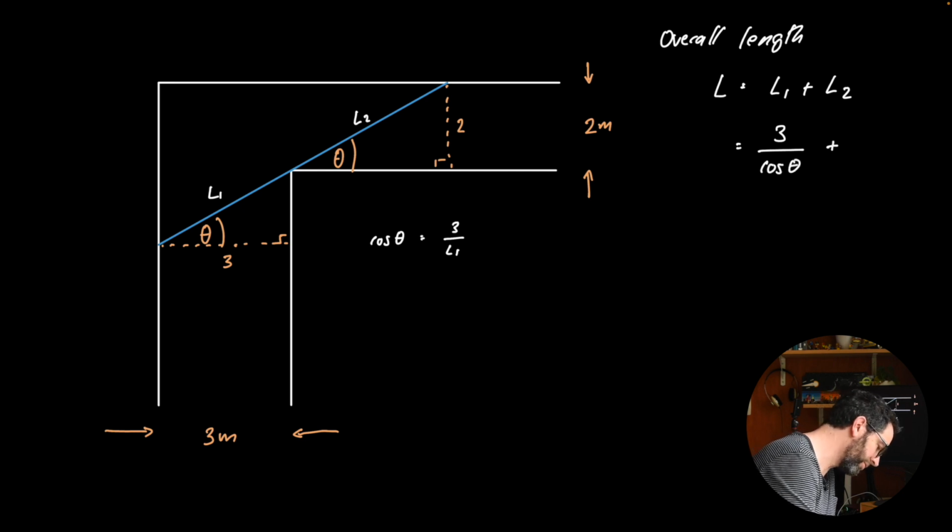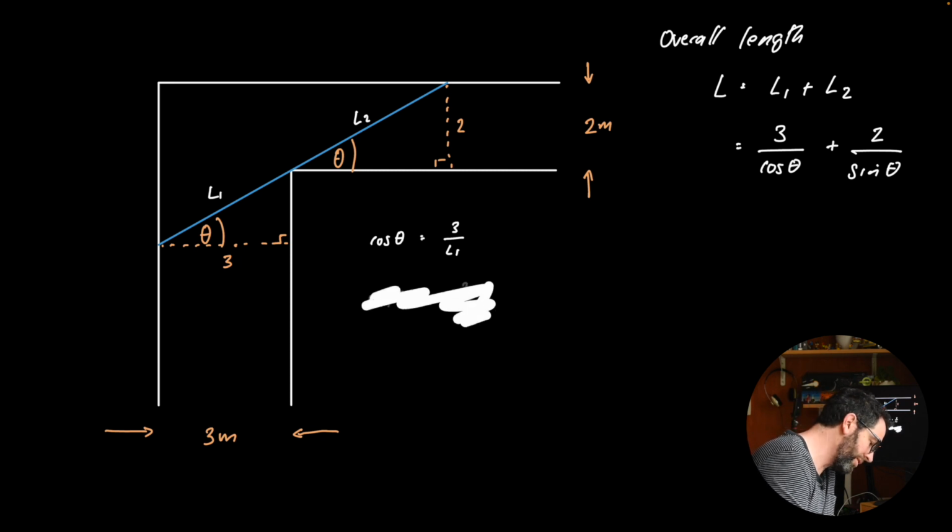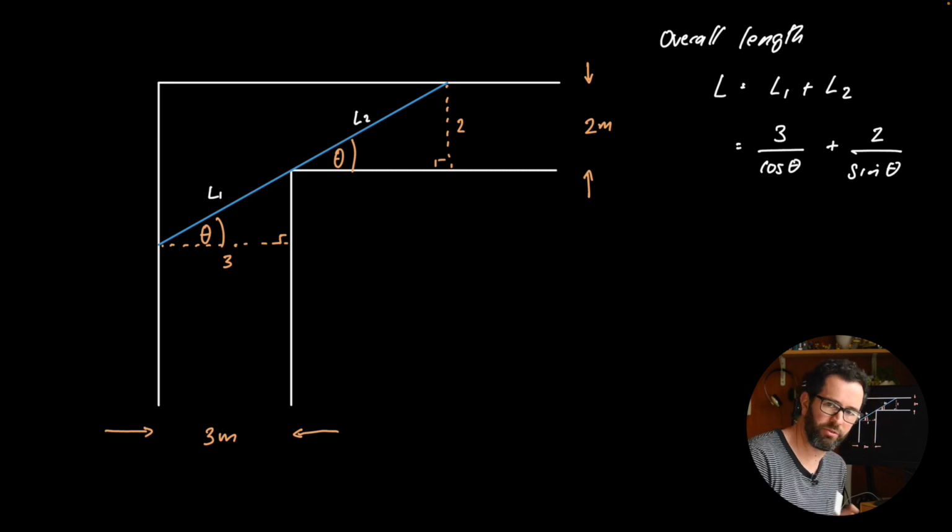And then, not cosine this time, sine theta will be 2 over L2. And so this is going to be 2 over sine theta. So now we have our length L as a function of our angle theta, and we should be able to then find the minimum value, and hopefully just by the sort of sketch we did before, you'd be satisfied without having to do any further tests that this is actually going to be a minimum.